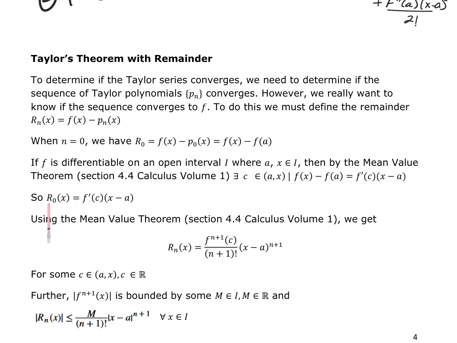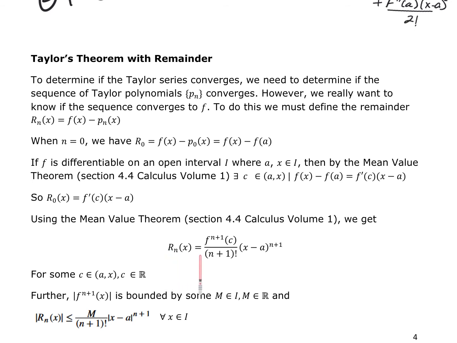So my remainder when n equals 0 is f prime of c times (x minus a). So then using the mean value theorem, again this is section 4.4 in your calculus book volume 1, we're going to get this as the remainder.